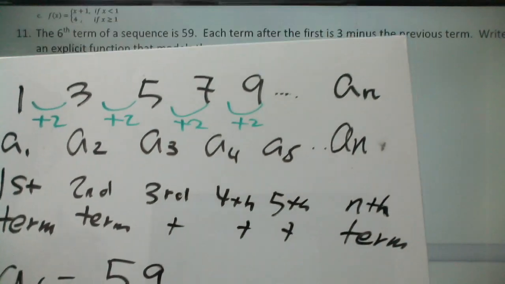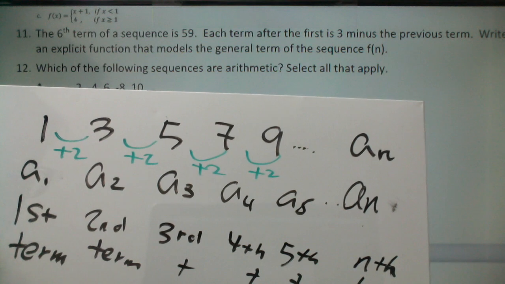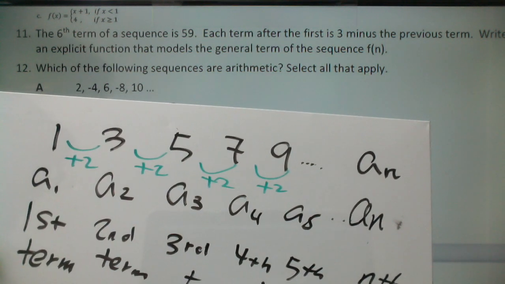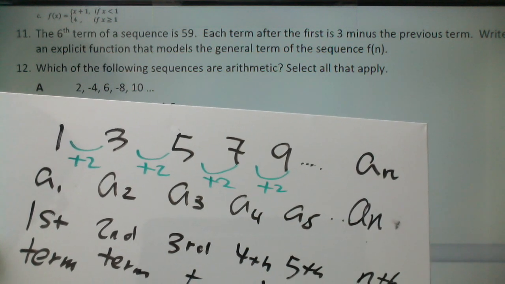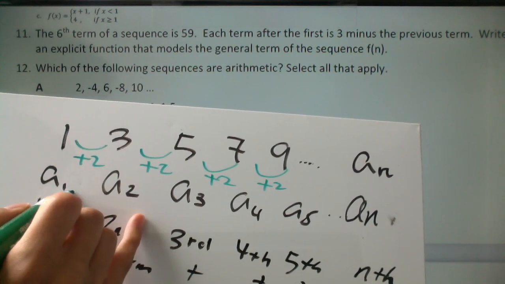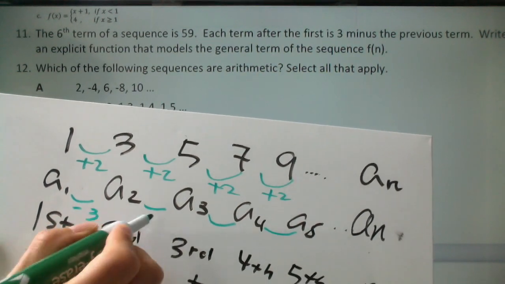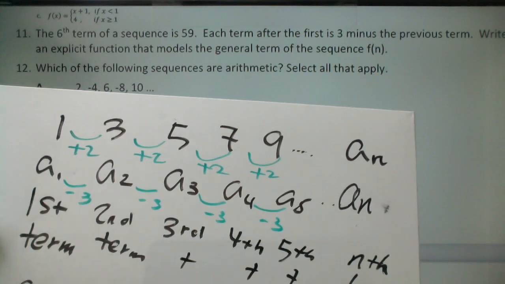Every time we are adding the same number between the terms. So look at the question. Each term after the first is 3 minus the previous term. It means in this question number 11, the common difference is -3.